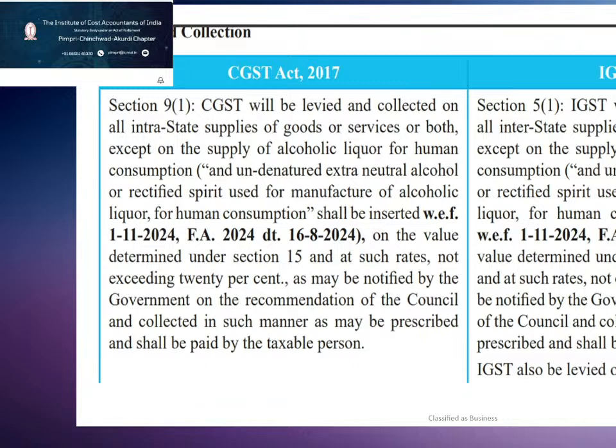There is a list of transactions, and the government will decide who has to pay the GST. In both it is the same, so either you can say 9 subsection 3 of CGST or section 5 subsection 3 of IGST. Now we'll go one by one through section 9 subsection 3.